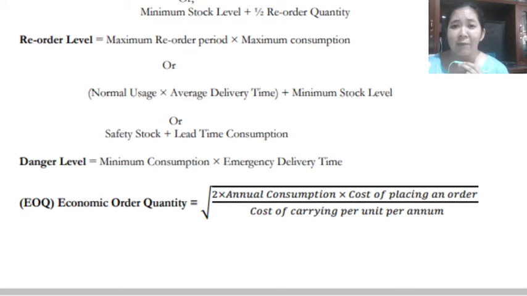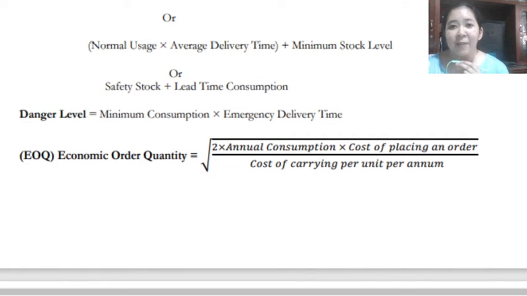So danger level is equal to the minimum consumption times the emergency delivery time. So here this is the shortest time period. I mean, they should place the order and receive it at the least minimum time to avoid stock outs.